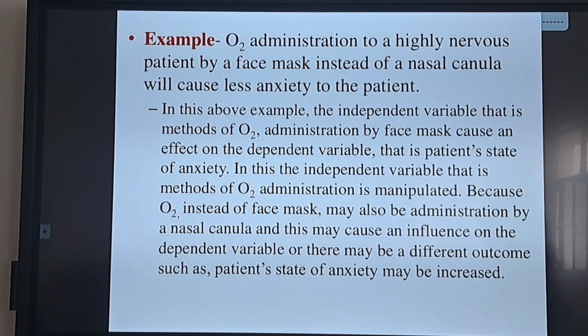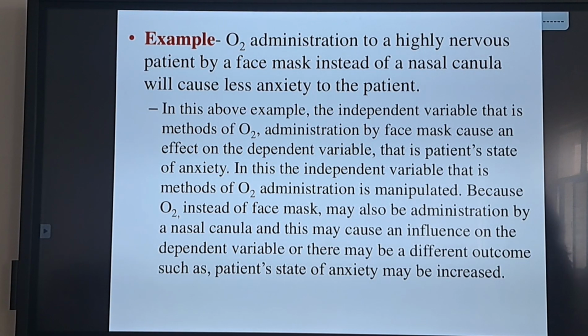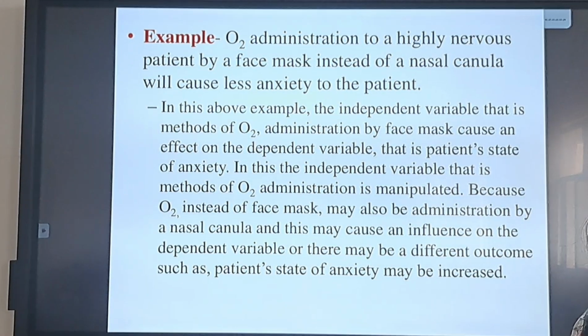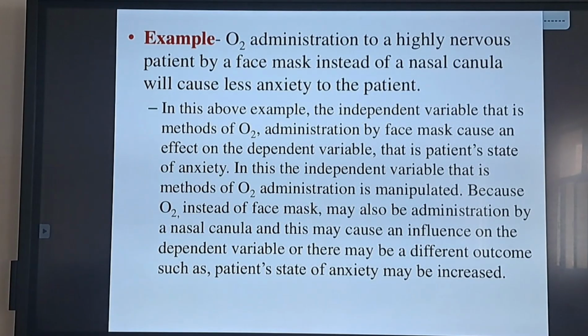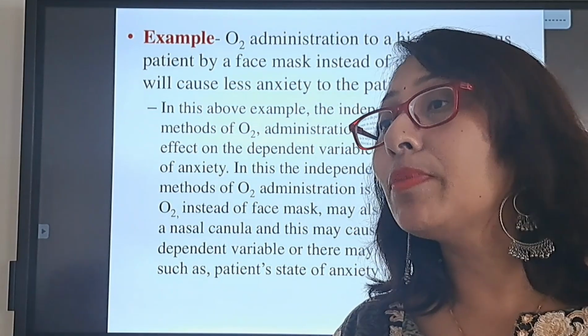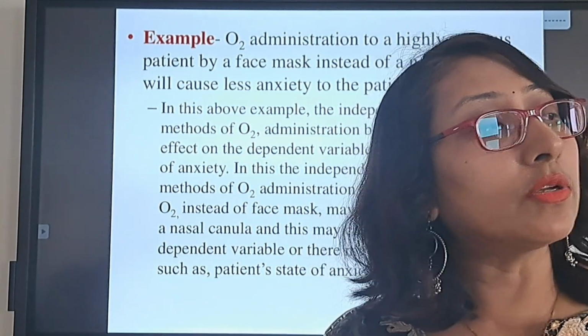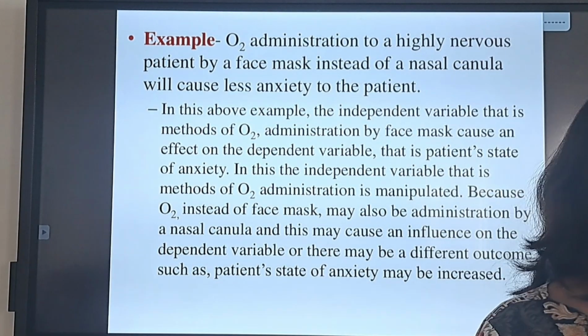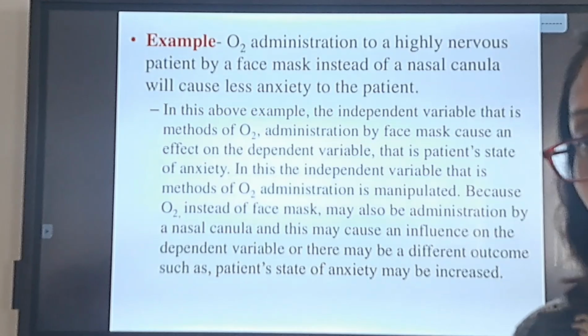Because oxygen instead of face mask may also be administered by a nasal cannula, this may cause an influence on the dependent variable, or there may be different outcomes such as the patient's state of anxiety may be increased. So, based on the administration of oxygen in the form of nasal cannula, the state of anxiety increases in the patient. Clear?